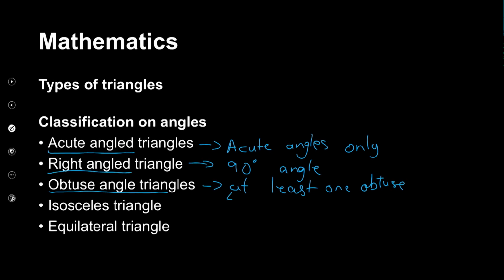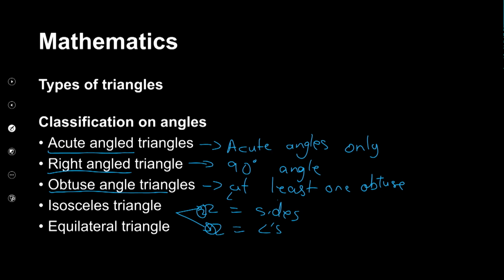And then isosceles triangle, this then has 2 properties that we need to look at. The first one is 2 equal sides, right? And we also have, because of that, 2 equal angles. And we actually start with equal angles because we're classifying it with angles, right?